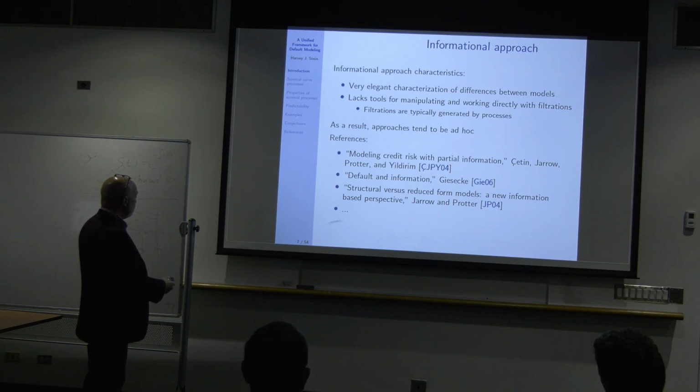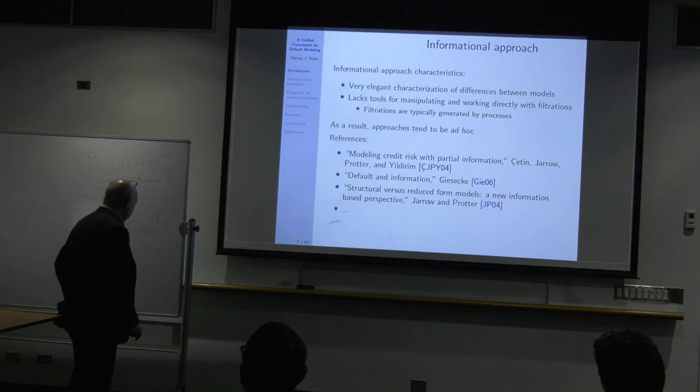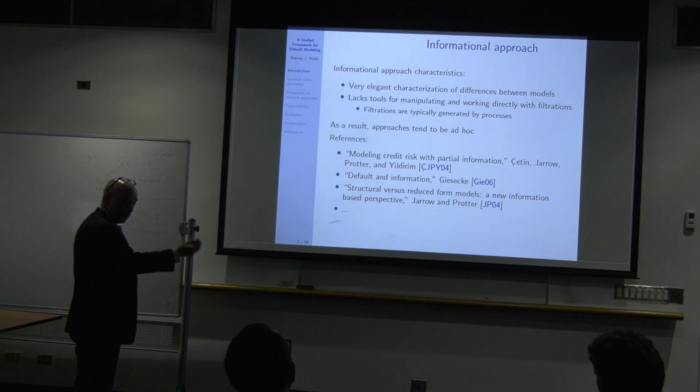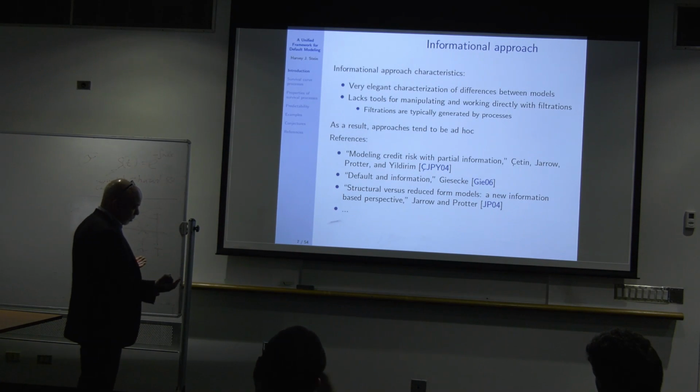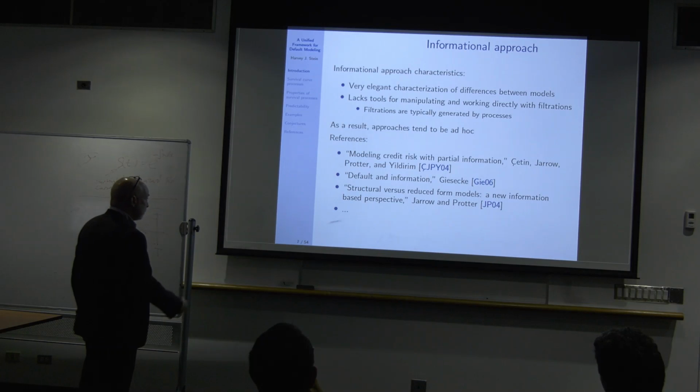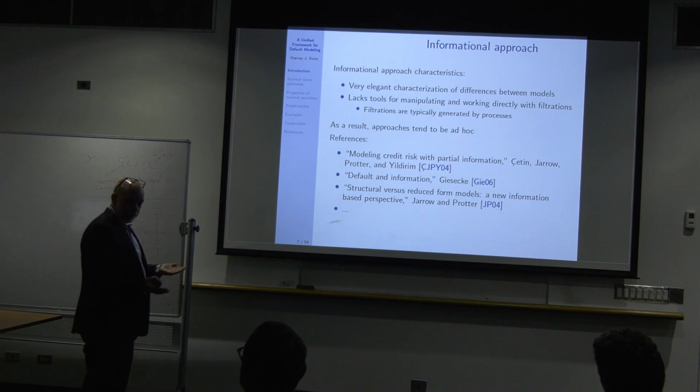So their whole approach is to fiddle with or remove appropriate information, and use the filtration to express what you know about the system, as opposed to using the filtration to express the state of the world at a given time with all the information. But we don't really have tools for playing with filtrations.